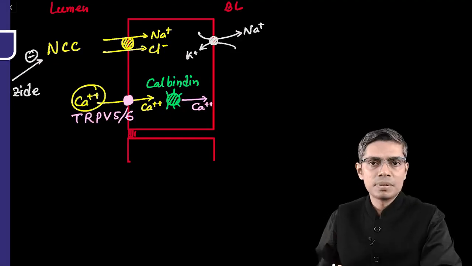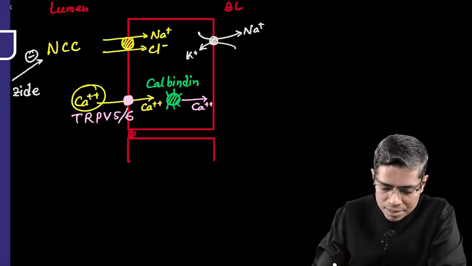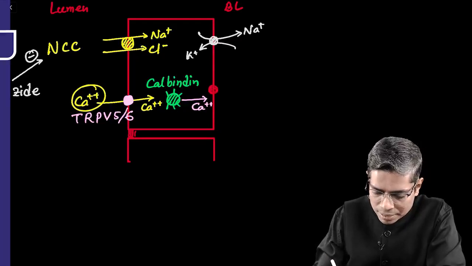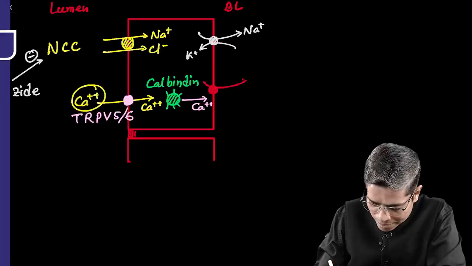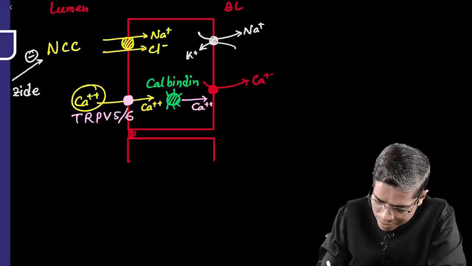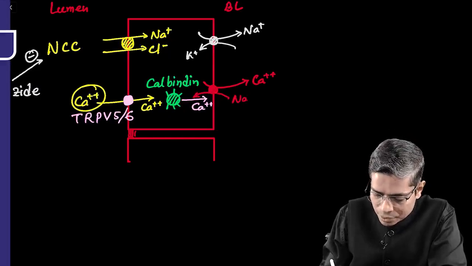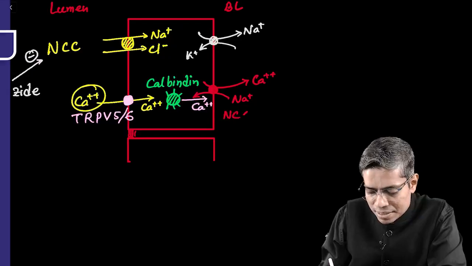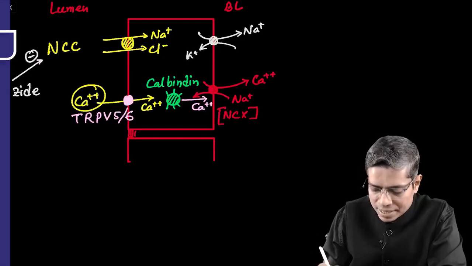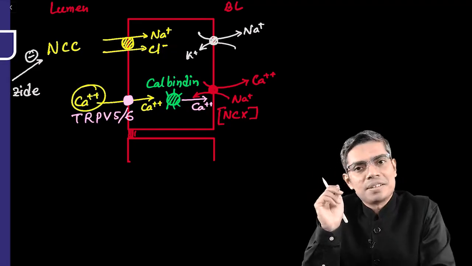Now at the level of the basolateral membrane, there is an exchanger protein for calcium reabsorption, and this throws calcium out of the cell, so it is reabsorbing calcium in exchange with sodium. So obviously this is nothing but NCX, sodium calcium exchanger, right?